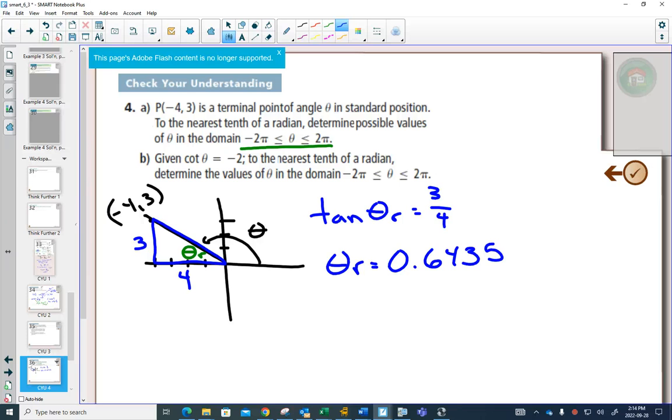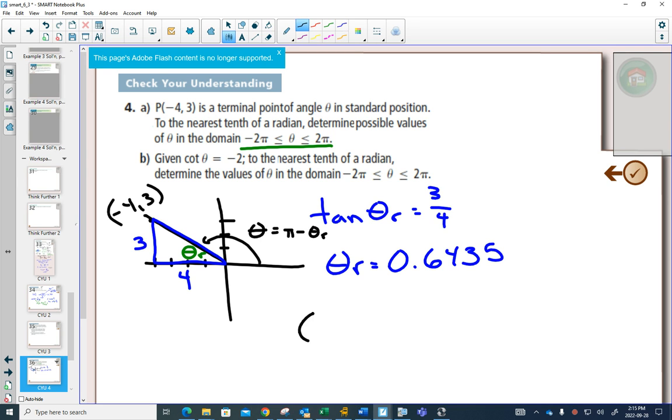The black angle theta would be 180 minus 37 degrees. Does that make sense if it was in degrees? But now we switch our brains and we think in radians. Instead of doing 180 minus to find this angle, I'm going to need to do pi. 1 pi minus my reference angle.